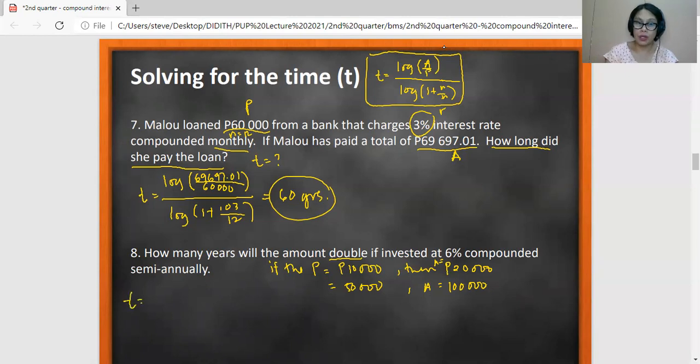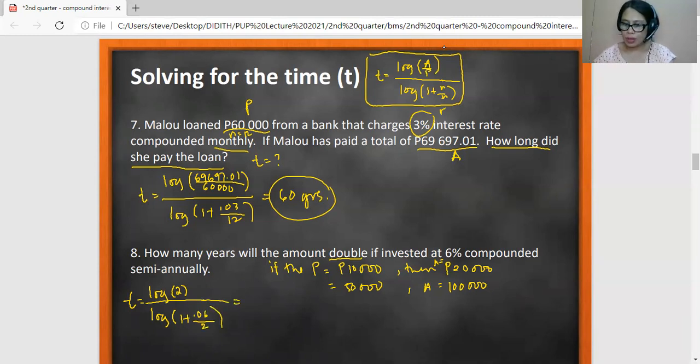So we're going to make use of 2 to represent A all over P. So your T here is equal to the logarithm of 2 over 1, all over the logarithm of 1 plus the rate of 6% all over 2, because this is semi-annual.